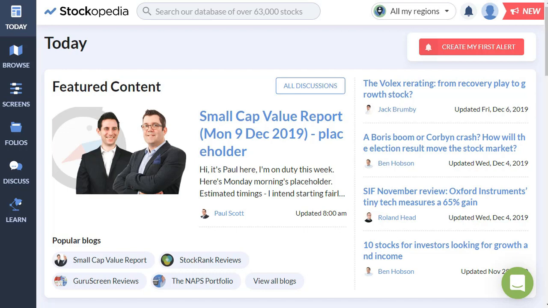The platform here is Stockopedia. And as you can see here, they have a database of 63,000 stocks. And I must admit, I come from Denmark, and that is a small country, it's a small stock market, and not many providers of software have very much focus on Denmark or Scandinavia for that matter.